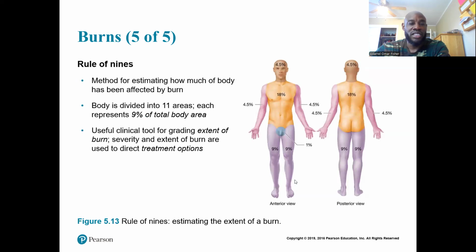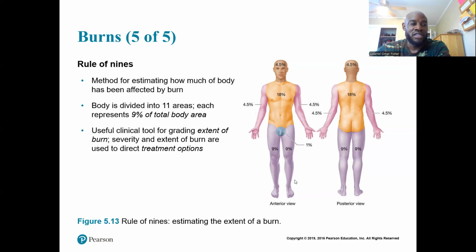All right, the rule of 9s is just estimating how much of a body has been affected by a burn. You can see this diagram here. If you have a burn on your chest or back, it could be 18%. Each leg is 9%. Your arms are 4.5%. Above the shoulders, it's 4.5%.